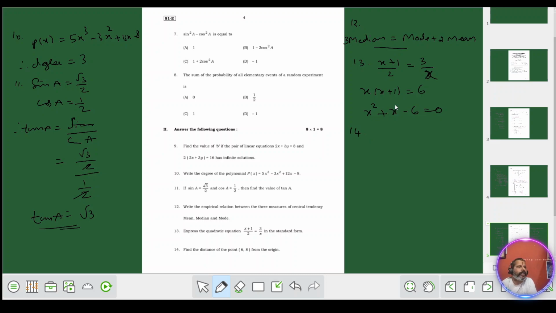That's the 14th question. Find the distance of the point from the origin. There's a distance formula and the origin formula, which is a special case of the distance formula.